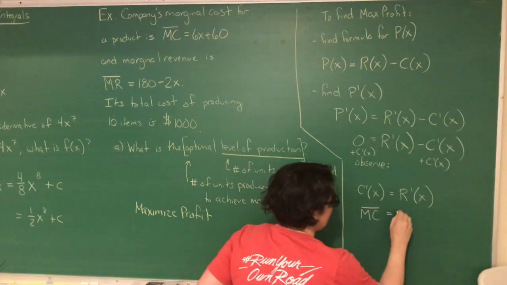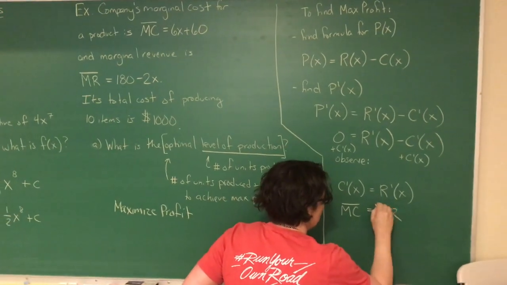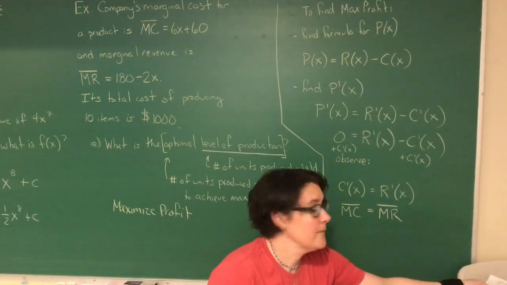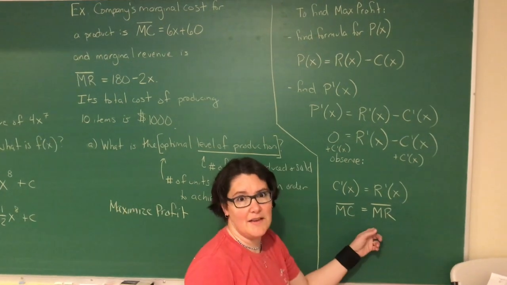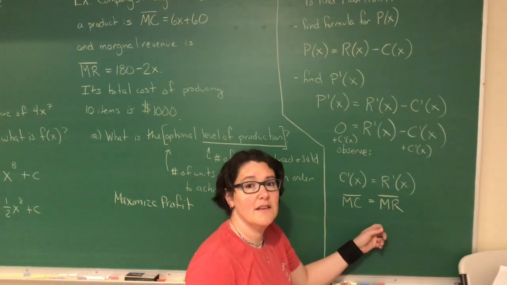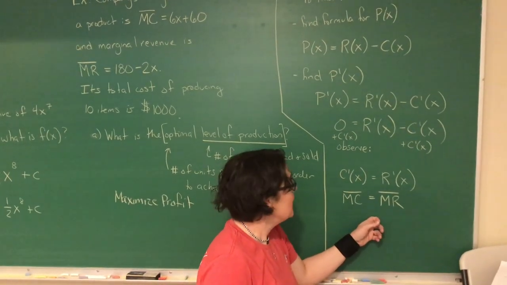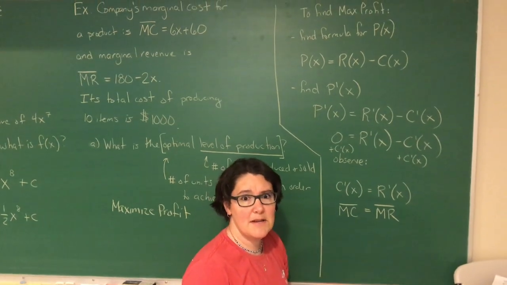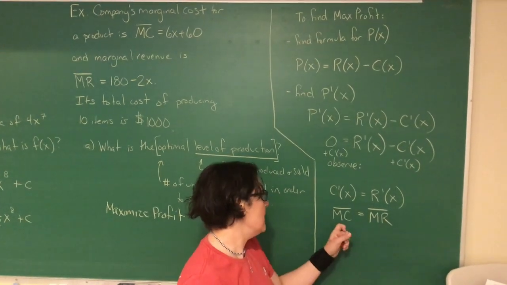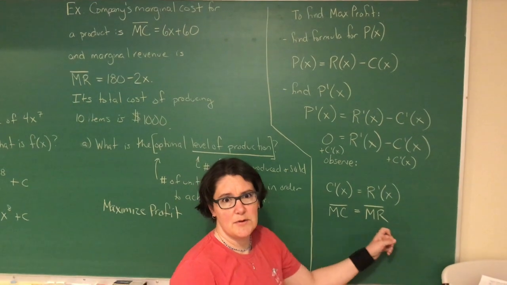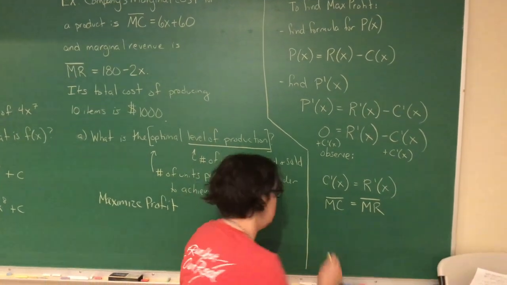The derivative of revenue is marginal revenue. And so what this says right here is that if we want to maximize profit, we need our marginal cost to be equal to our marginal revenue.